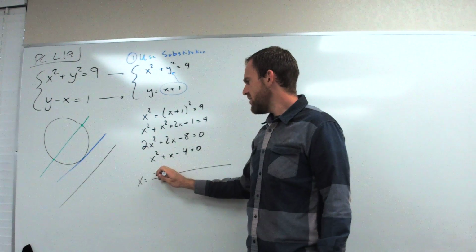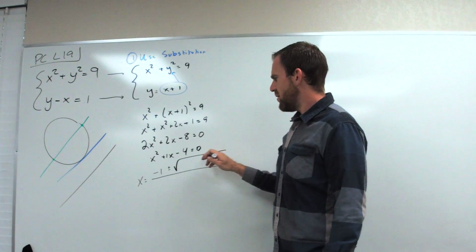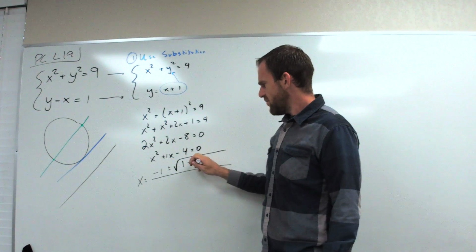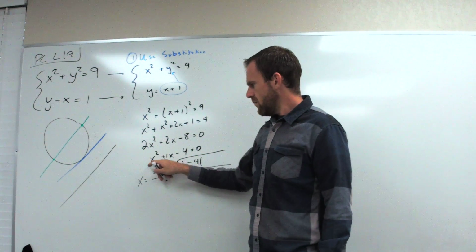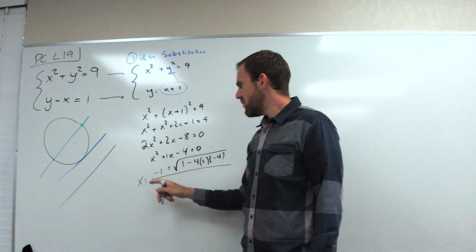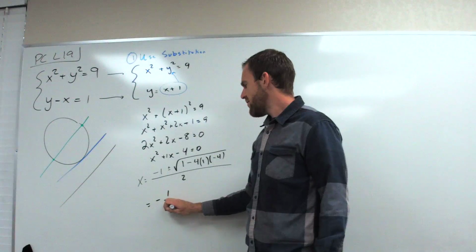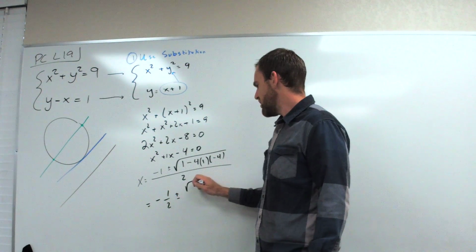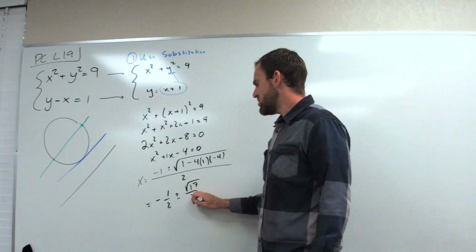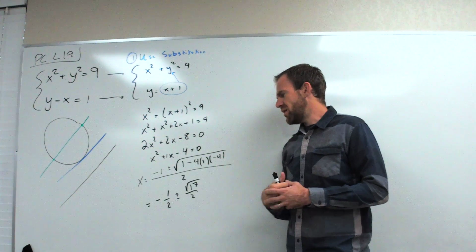x equals negative b, remember b is this number, plus or minus the square root of b squared minus 4ac, all over 2a. So this looks like negative 1/2 plus or minus the square root of 17 over 2. Okay, 16 plus 1.